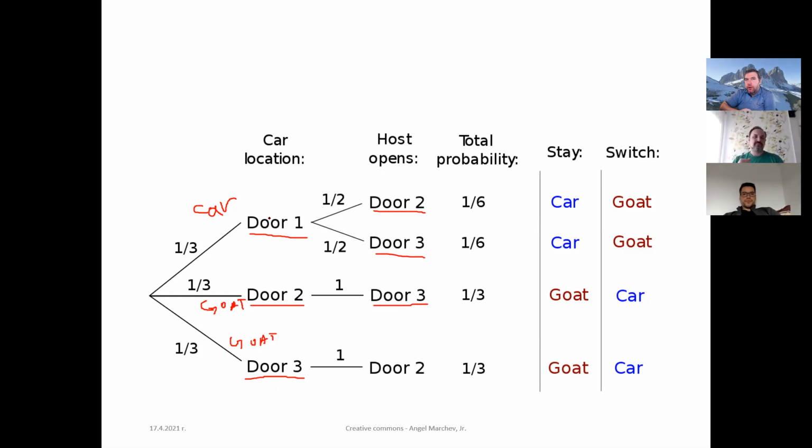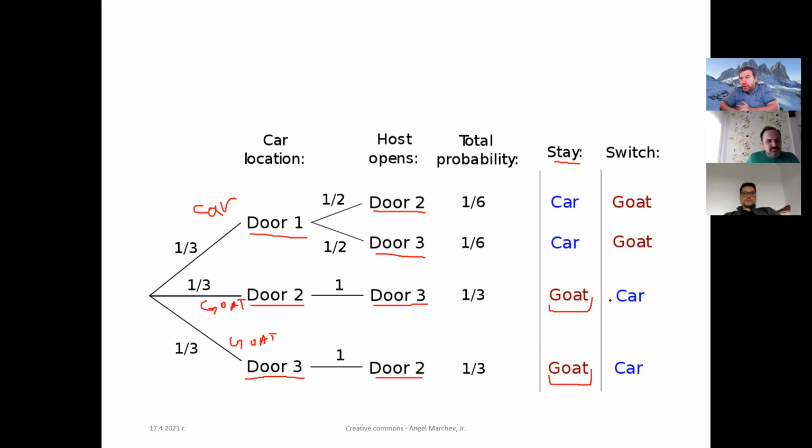The host cannot open door number 1. Actually, he can only open door number 2. So for the last 2 cases, the chances are 1/3 and 1/3. And if you don't change, you're going to end up with a goat, with nothing.